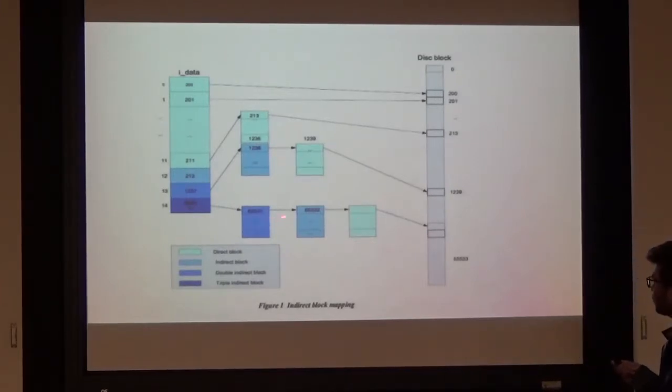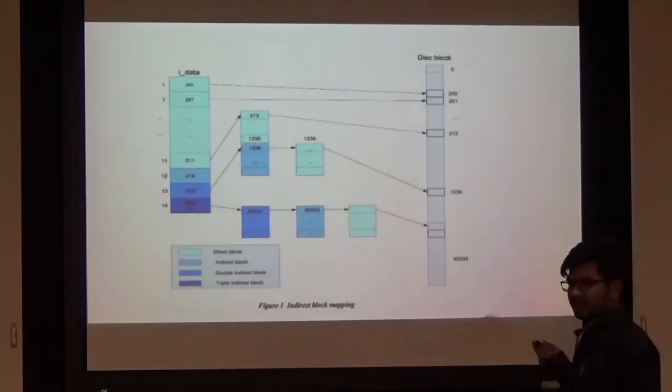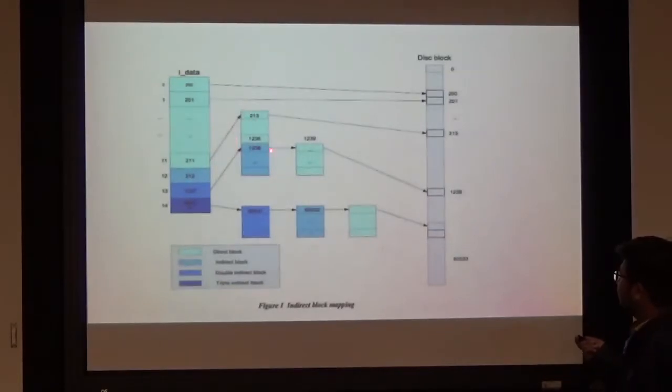and then one double indirect pointer, and then one triple indirect pointer. So what happens is, for the indirect pointer, the 4 byte pointer doesn't point directly to the disk block, but it points to a block inside the disk, which actually has the exact pointers to the file data blocks.